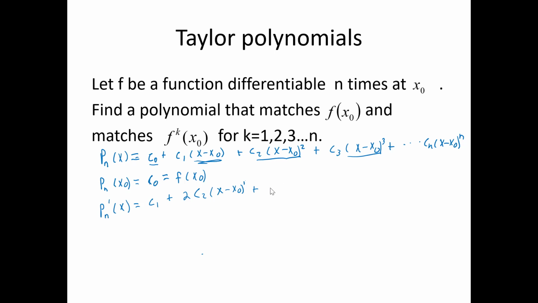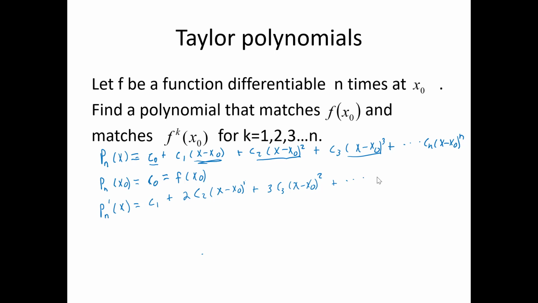Same thing is going to happen with this term. We're going to bring down the exponent, 3c3 times x minus x naught. Take 1 away from the exponent, times the derivative of the inside, but the derivative of the inside is 1. Plus dot dot dot.